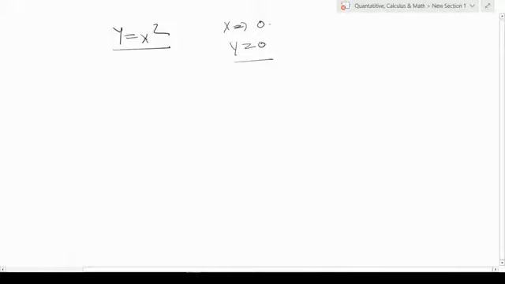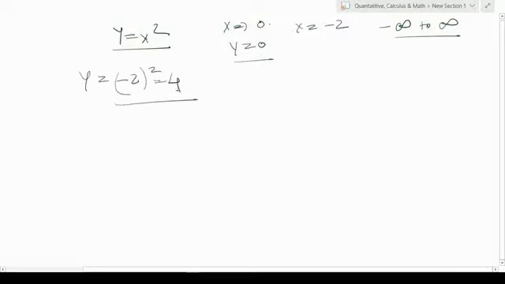Now let's put x is equal to -2. x can take any value from -infinity to infinity because the function is going to define it. If x is -2, we know it's x squared, so (-2) squared is 4.